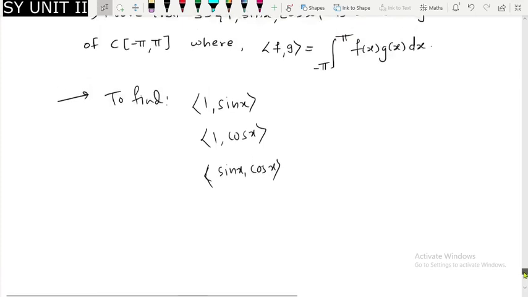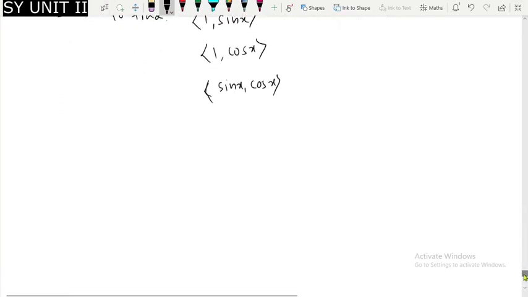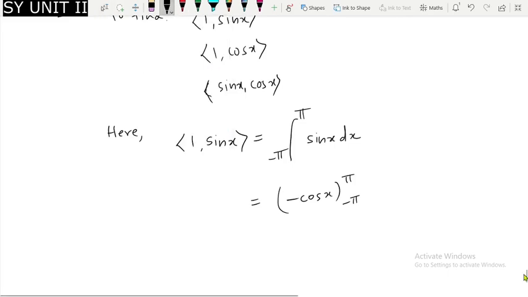So let us first of all find the inner product of 1 with sin x. The inner product of 1 with sin x is equal to the integration from minus pi to pi of 1 multiplied by sin x, that is sin x dx. What is the integration of sin x? The derivative of cos x is minus sin x, so the integration of sin x will be minus cos x, with limits from minus pi to pi. And you can use some formulas also if you know them. In analysis, have you learned it?